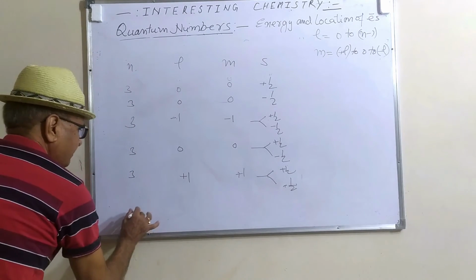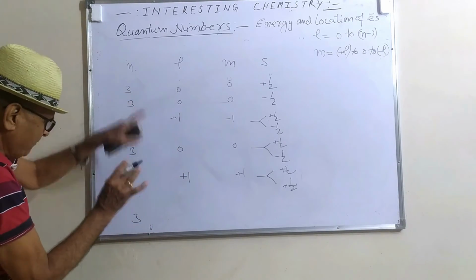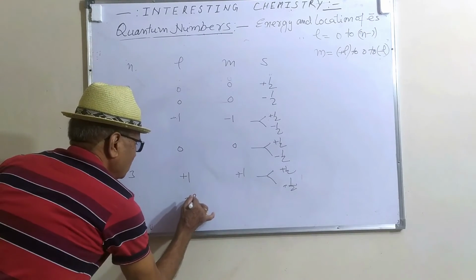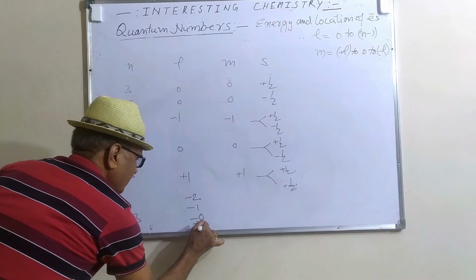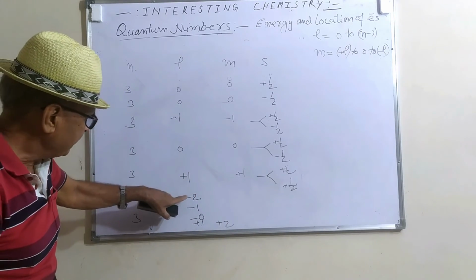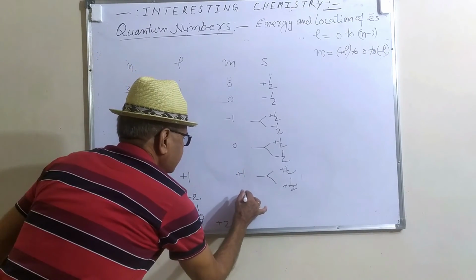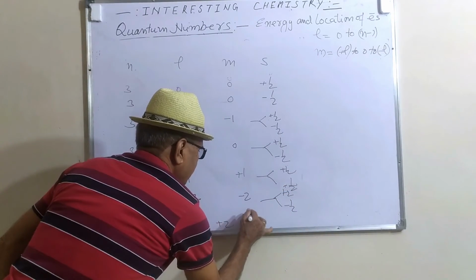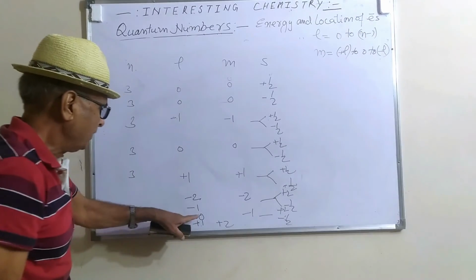You can write here this is 3. The values of L are again 0, 1, the same values will be here, and then 2. For L equal to 2, the values of m are minus 2, minus 1, 0, plus 1 and plus 2. In the same manner you will write 1, 2, 3, 4, 5, and in the same manner you will write plus half, minus half for each.